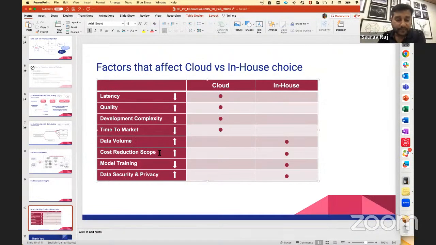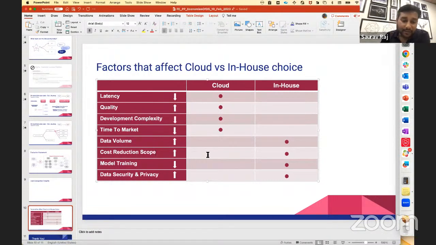Now, there's one more important factor: cost reduction scope. The in-house numbers that we presented are for the baseline model. From there, we can optimize our model and our infrastructure, and improve our latency and throughput numbers. By doing a lot of optimizations and performance improvements, we can further bring down the in-house cost of running the service.